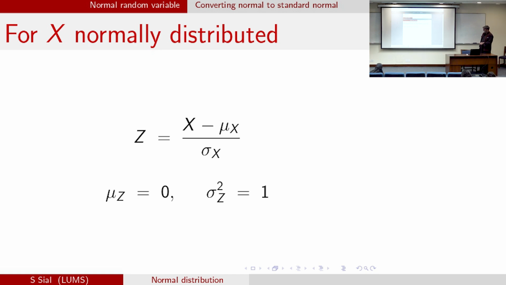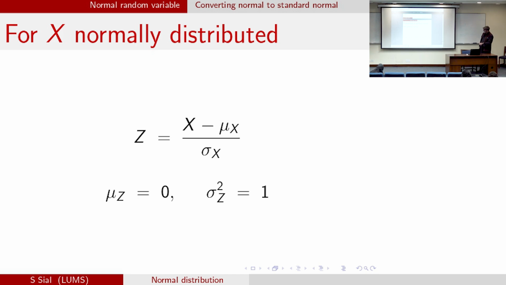So all through the inequality, we say a minus mu over sigma, so that should be less than or equal to. Now x minus mu over sigma is z, less than or equal to b minus mu over sigma.